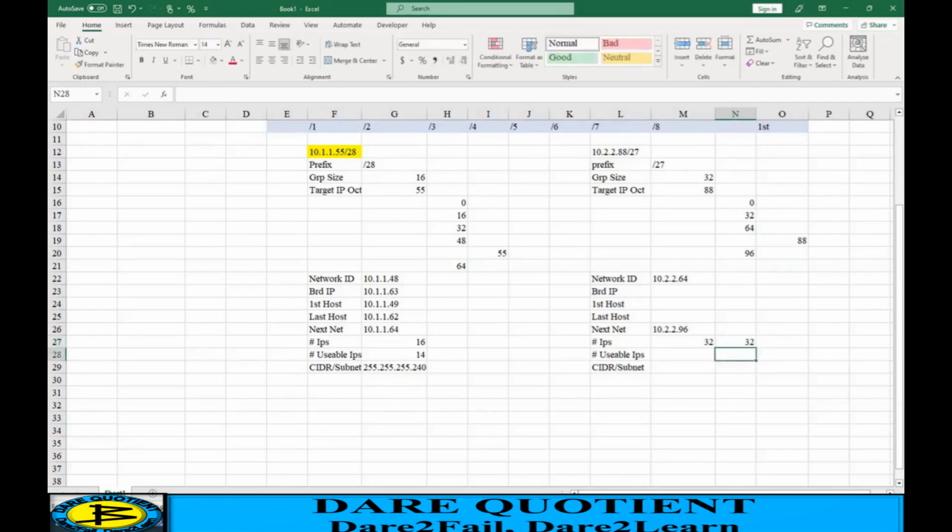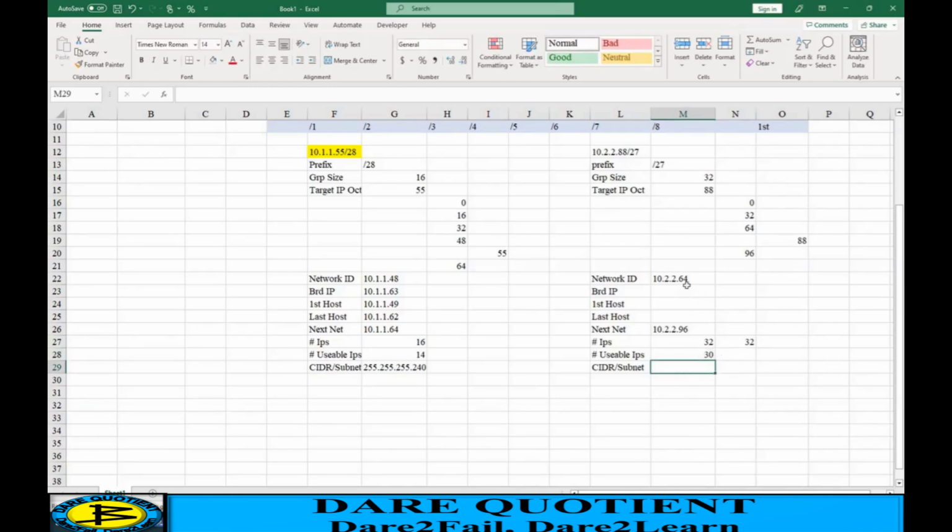And that should give you 32 still. Our number of usable IP addresses, as explained, we have the network and the broadcast reserved, so we do 32 minus 2. That gives us 30 usable IP addresses.